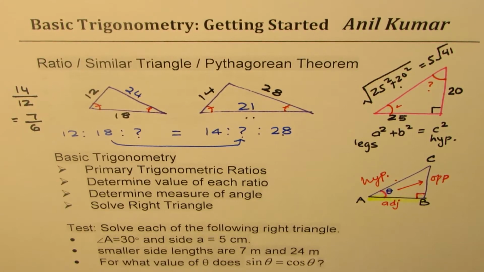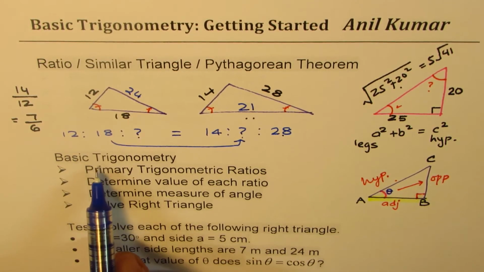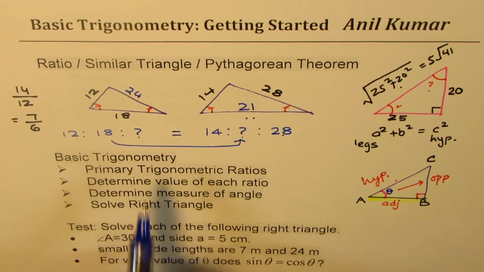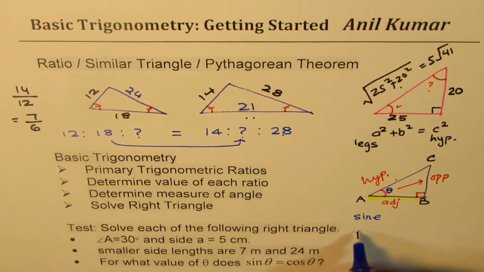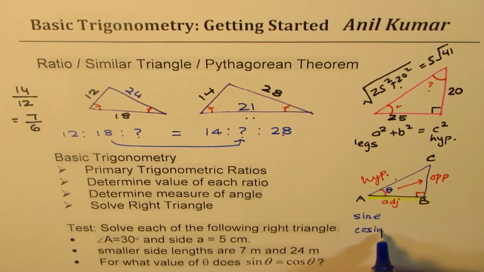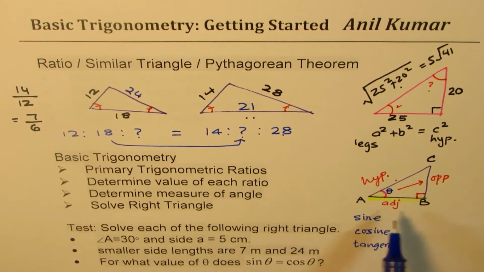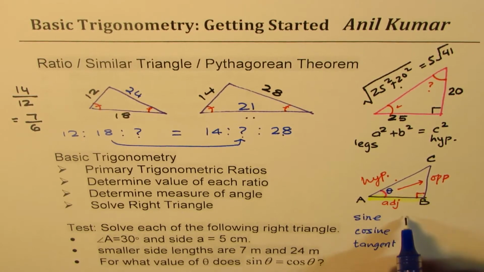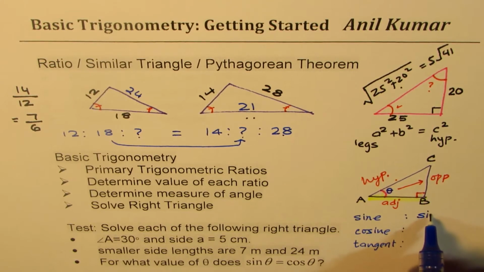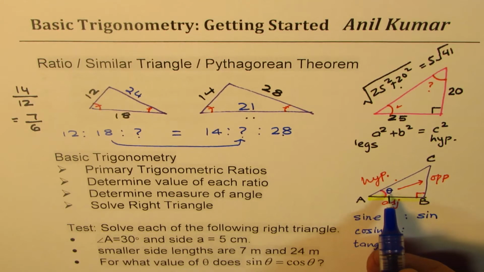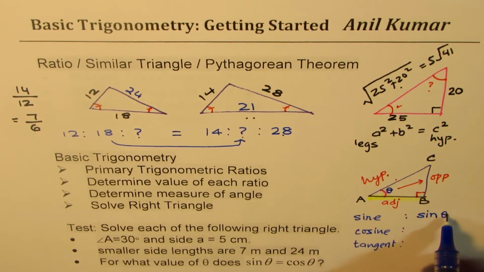Now, based on this, we have three trigonometric ratios. We call them by the names sine, cosine, and tangent. If we are using an angle, in that case, we write them in short form, sine as sin, lowercase s, and the angle, which in this case is theta, we'll say theta.